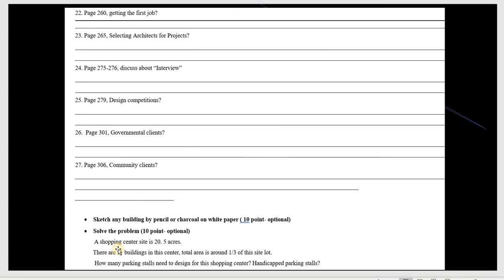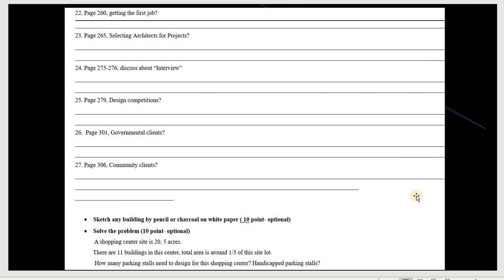Finally, I have 2 optional items: solve the problem and sketch. Before I had coloring for you for 10 points, but this time I give you the freedom to sketch one building by pencil or charcoal. It depends on you, on any side of the paper.